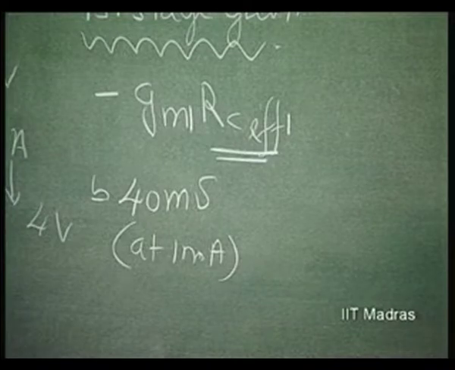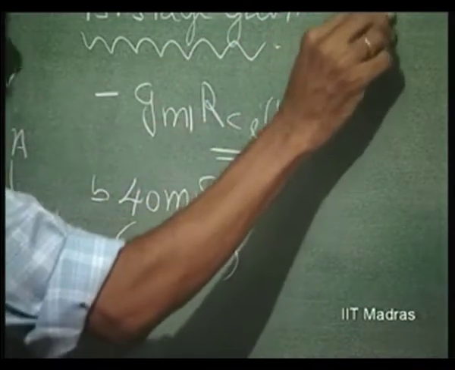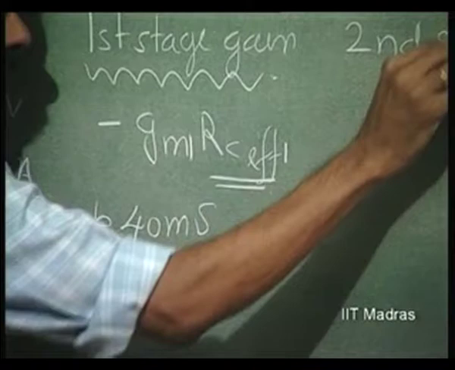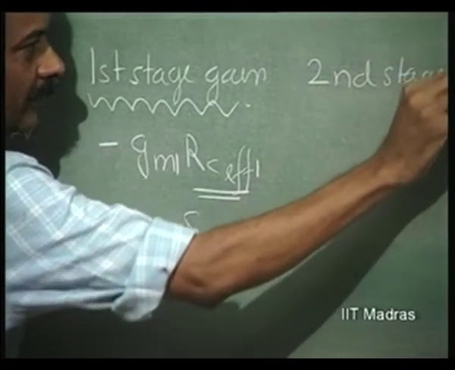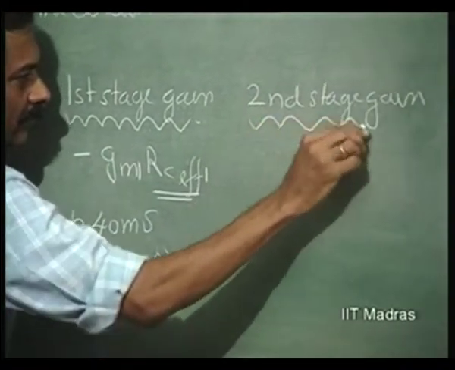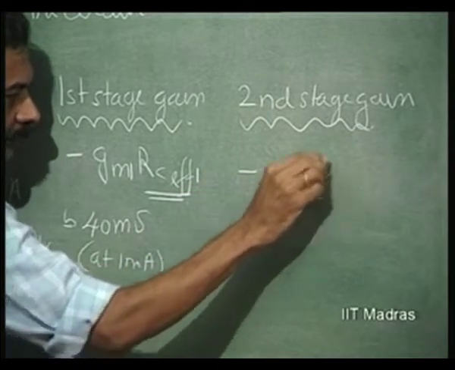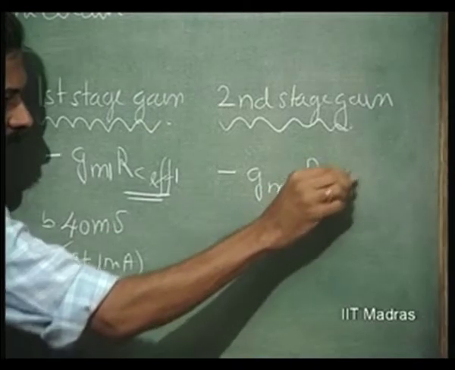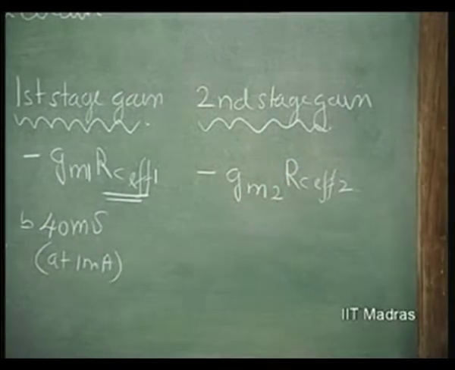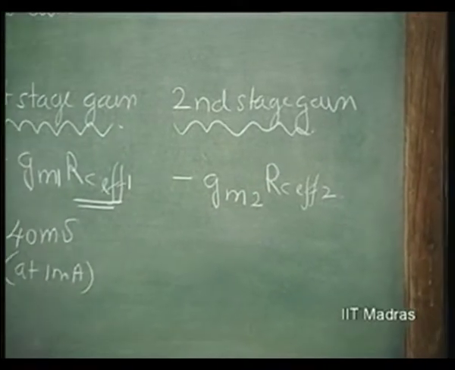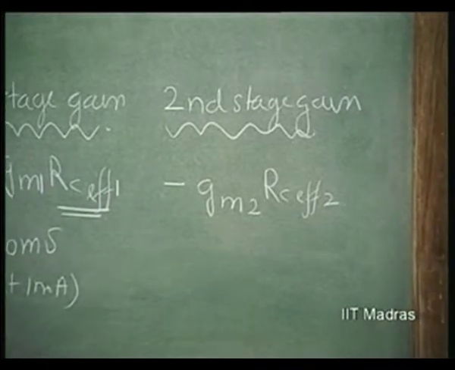The second stage gain is minus gm2 RC effective 2. gm2 is working at 2 milliamperes.